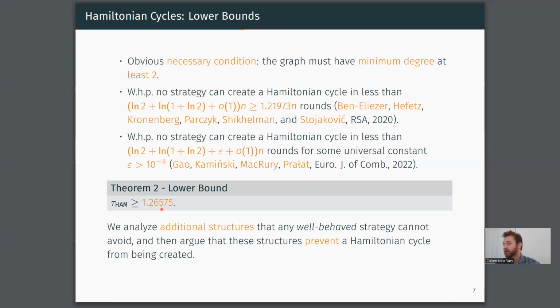But the main thing that's nice about this lower bound is that the proof is conceptually a lot easier than what we previously argued in this other paper. More or less, the high-level approach to our lower bound is that we show that any well-behaved strategy can't avoid creating certain structures, and then we argue that these structures prevent the Hamiltonian cycle from being created.